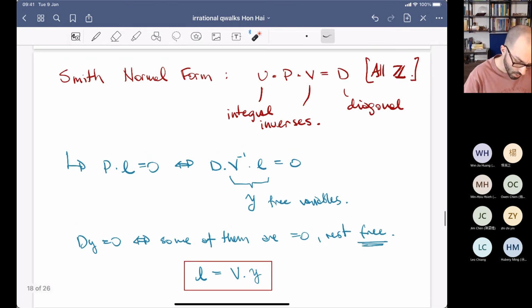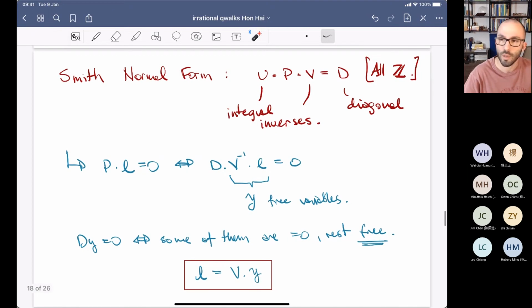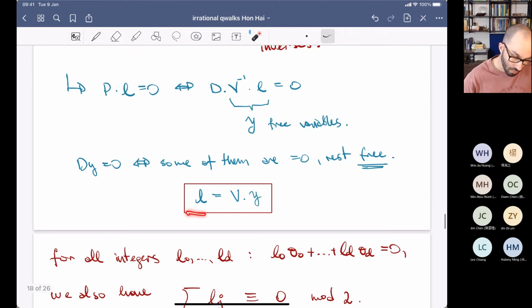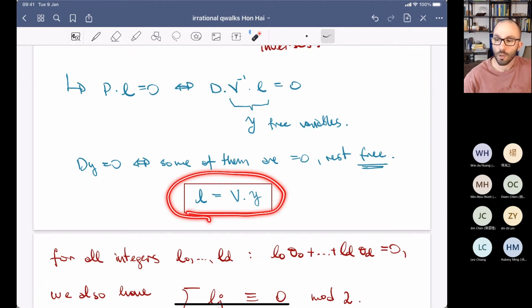I think I'll have to speed up a little bit, otherwise I won't go through all my slides. So I'll leave the details for you to work out, but this is all explained in detail in our paper. And it basically means that you can find a full parameterization of the integers that satisfy all the equations. So this is an integer matrix, and these are free integral variables.